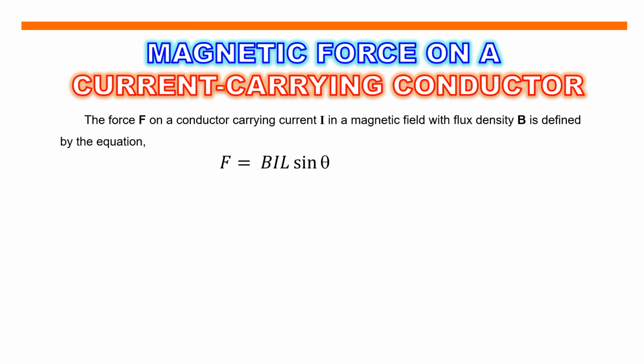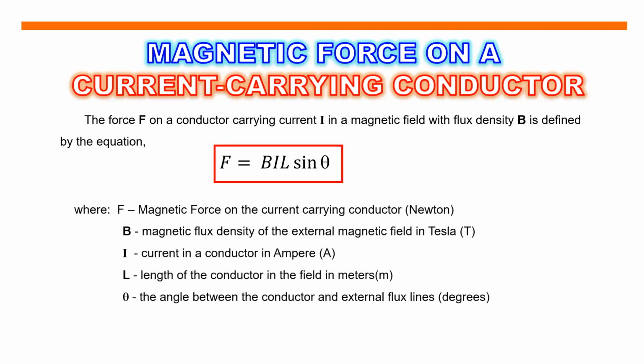The force on a conductor carrying current I in a magnetic field with flux density B is defined by the equation F is equal to B multiplied by I multiplied by L multiplied by sine theta, or simply BIL sine theta, where F is the magnetic force on the current carrying conductor expressed in Newton, B is the magnetic flux density or the strength of our magnetic field in Tesla, I is the current, the unit is ampere, L is the length of the conductor in the field in meters, and theta is the angle between the conductor and the external flux line expressed in degrees.